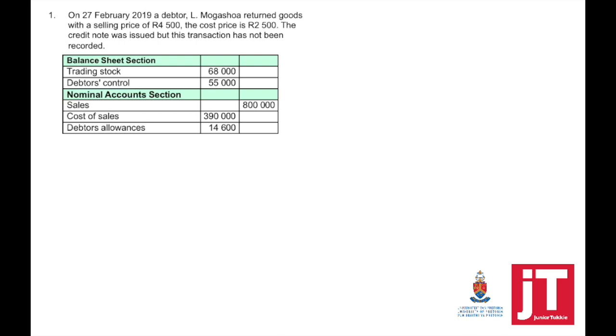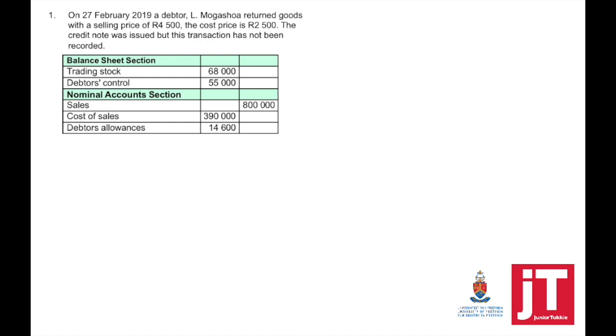You didn't need to calculate anything in here. Make sure that you understand, if they provide you with the markup percentage and the cost, how do I calculate the selling price and vice versa? If they provide you with the selling price, how do I use the markup percentage to calculate the cost?